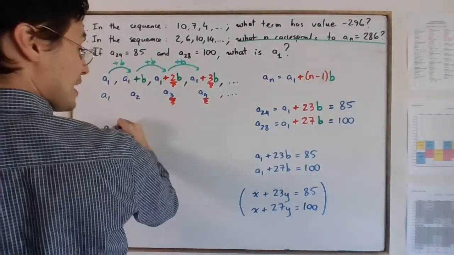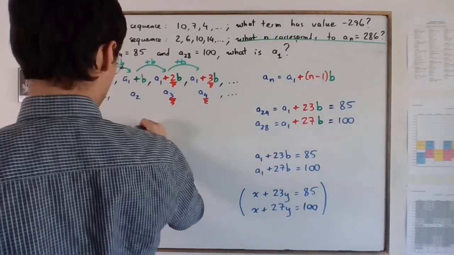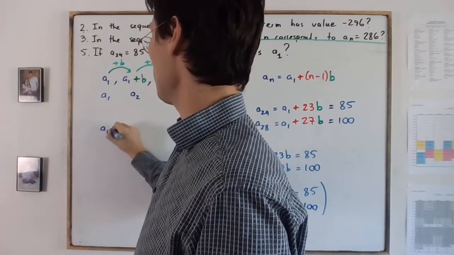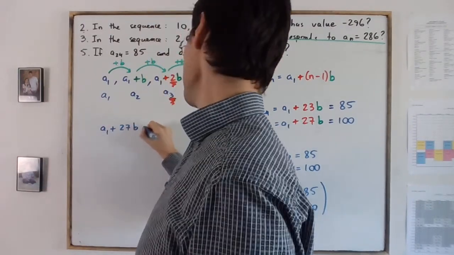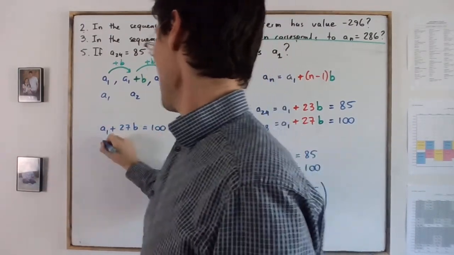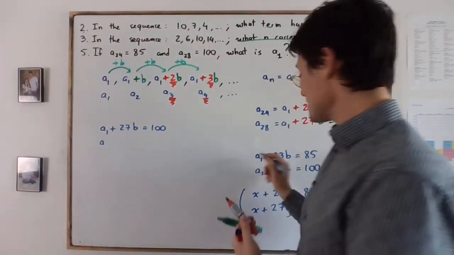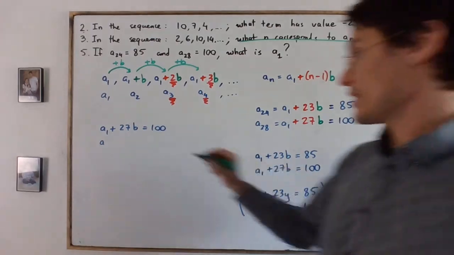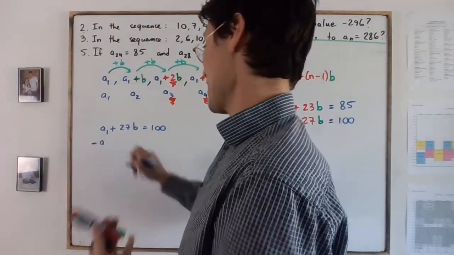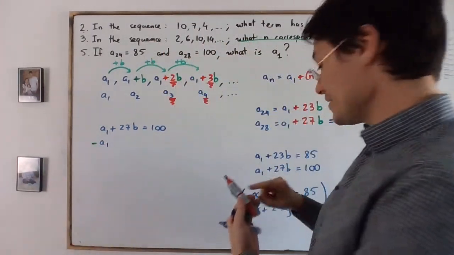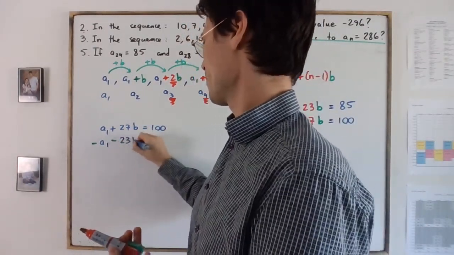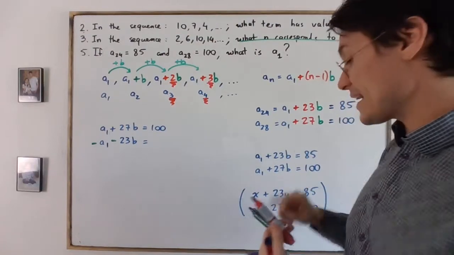I'm actually going to copy the second one first: A1 plus 27B is equal to 100. And for the other one, what I do is I swap the signs, I'm going to turn it all into negative. So I'm going to have negative A1 minus 23B is equal to negative 85.